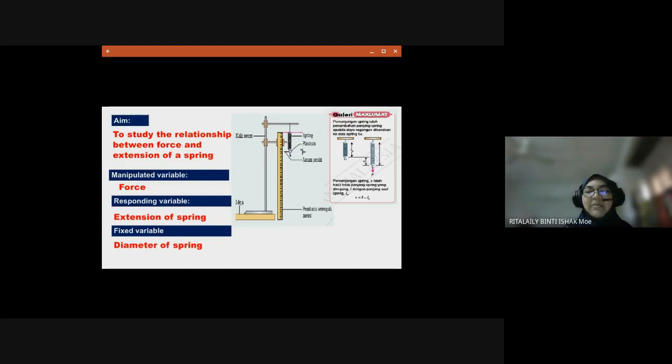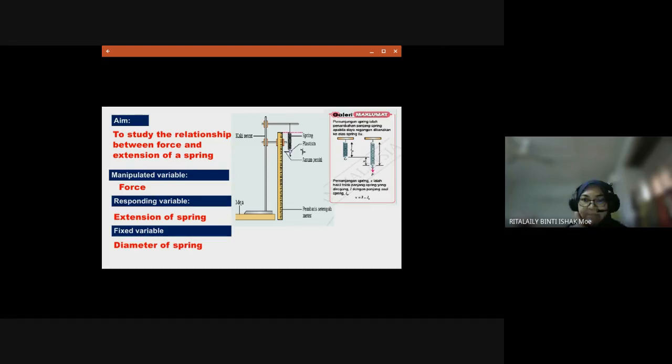So I repeat, you should be able to write the inference based on the situation, general relationship between two variables. And the next one, you should be able to write the hypothesis. Hypothesis is more specific relationship.